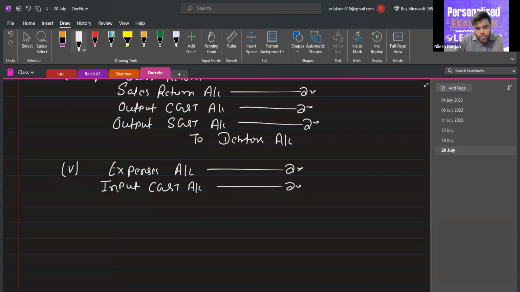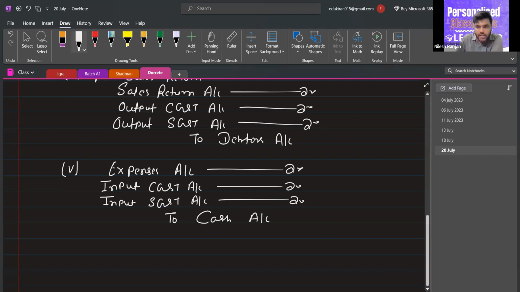Actually, you can write input before CGST or after CGST, both are the same. Input SGST account debit to cash.